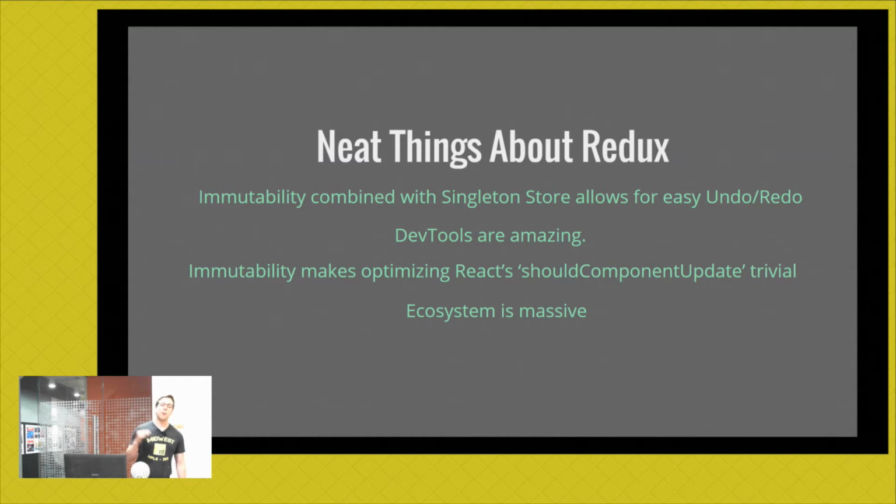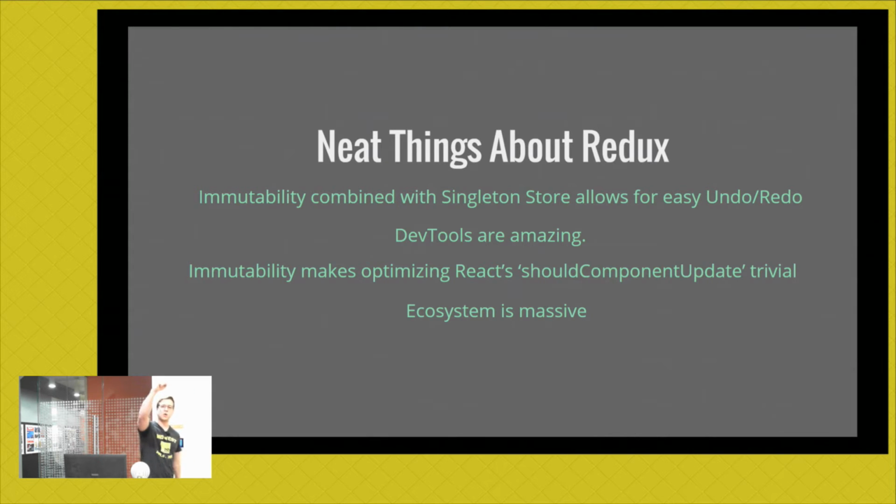It also makes optimizing React pretty easy, because one of the ways you optimize React is through a lifecycle hook in any given React component called shouldComponentUpdate. And all shouldComponentUpdate does is allow you to put in logic to decide whether or not a component should update at any given time. And that's very important, because remember, our React views are really just a representation of the DOM, and it's just a tree, right, of our view.